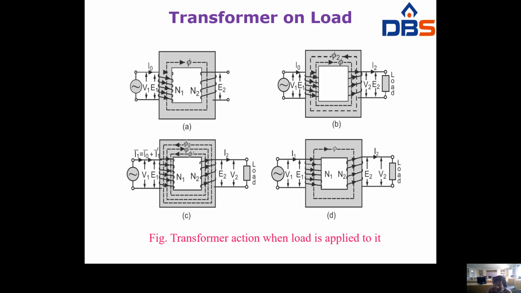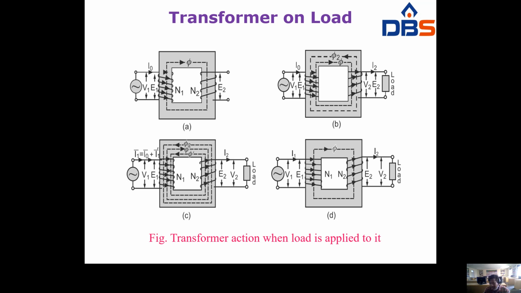Because of that I1 dash, an extra flux is produced, pi 1 dash, flowing from primary to secondary, shown in figure C. The flux produced in figure B and the flux produced in figure C are opposite to each other and they cancel each other. Then the remaining flux is the main flux only. So this is the transformer on load condition.